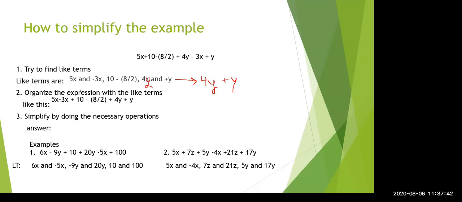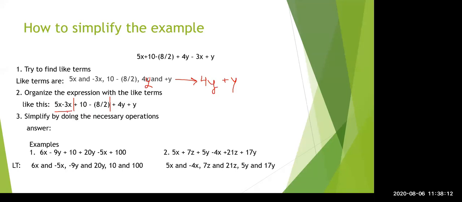So that'll be 5x minus 3x plus 10 minus 8 divided by 2 plus 4y plus y. Then you have three sections: first the things that have x in them, then the constants, and then the things that have y in them.